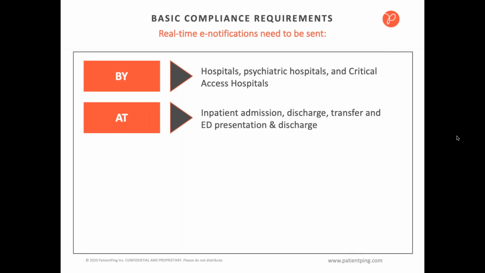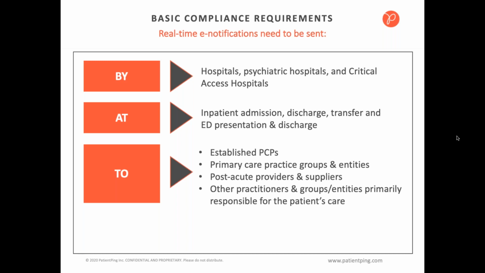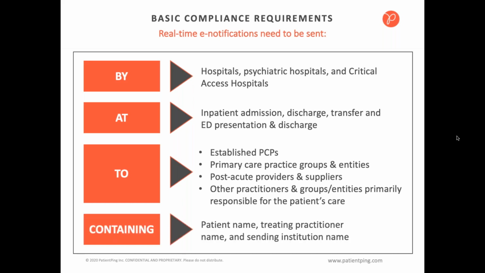And those notifications will need to go to the following recipient types: established primary care practitioners, primary care practice groups and entities, applicable post-acute providers and suppliers, and then also other practitioners and groups or entities that are primarily responsible for the patient's care. And those messages also have to contain, at a minimum, the patient name, treating practitioner name, and sending institution name. We'll now dive even a step further into the details of these requirements.